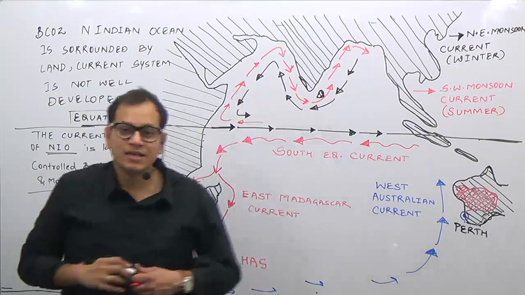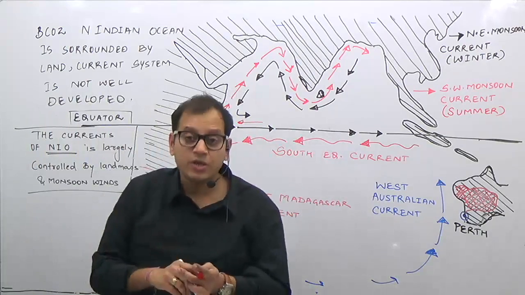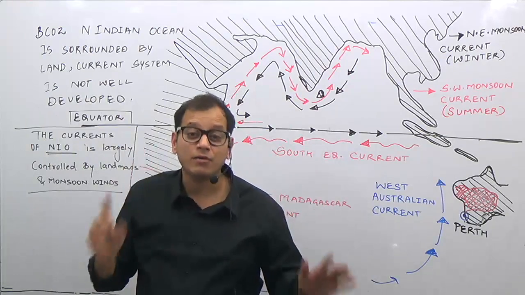So these are the current systems of the Indian Ocean. Keep in mind, the northeast monsoon current is also a warm current.